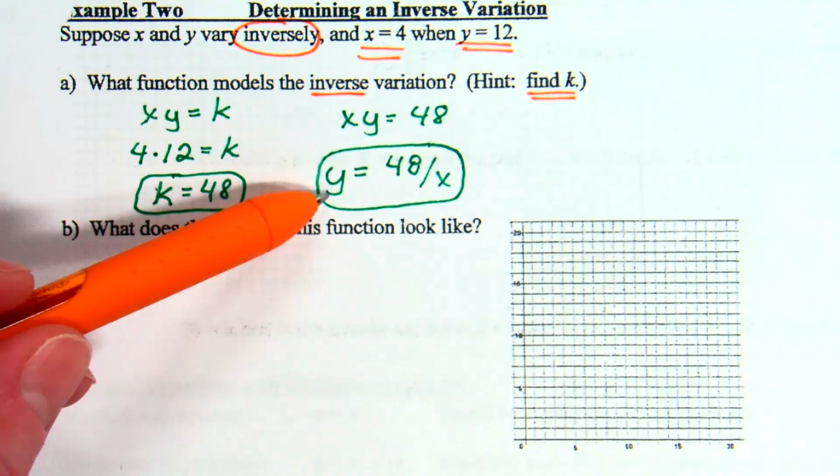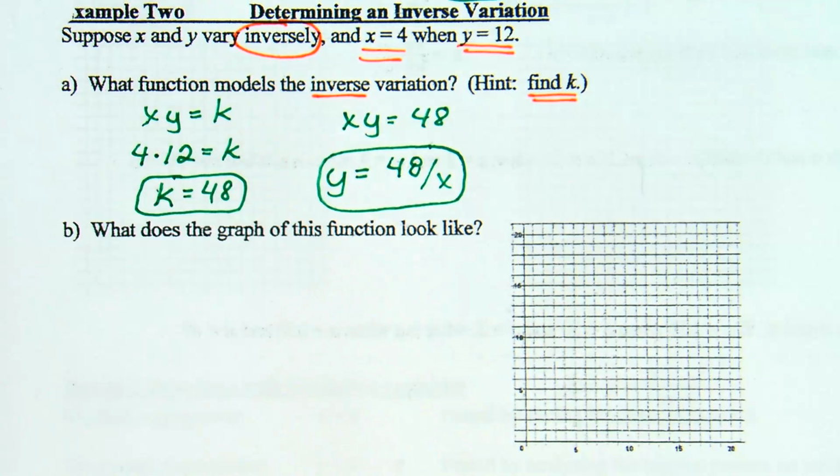But more often than not, we use xy equals k to find k, and we write the final equation as y equals a value. I can't say always, but usually. Does that answer it? Maybe, maybe not. Okay. Other questions there?